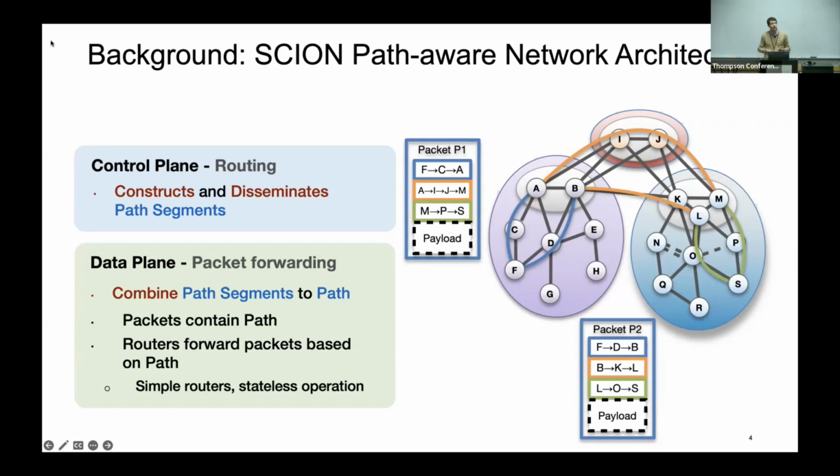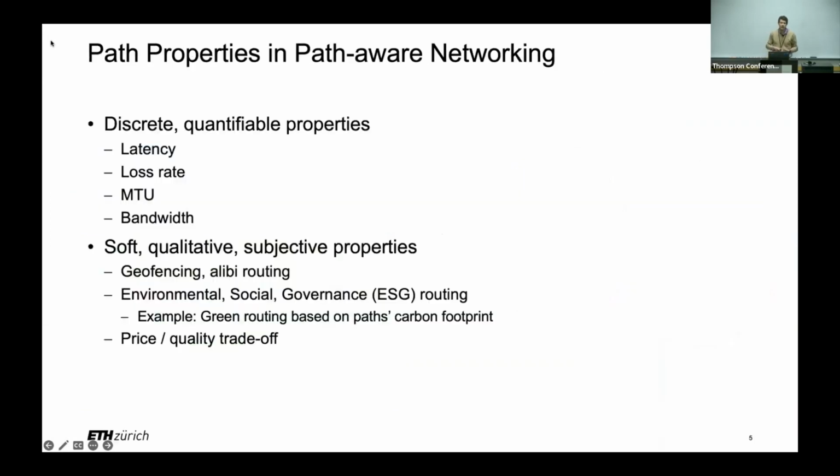But the focus of today's talk essentially is how we can make decisions for these path segments. What's really exciting is that you can add additional information about the paths, and then the end host actually has a lot more information to select these paths. In fact, you can add latency information, and before you even send a packet, you can obtain some indication about what latency you can expect on a given path.